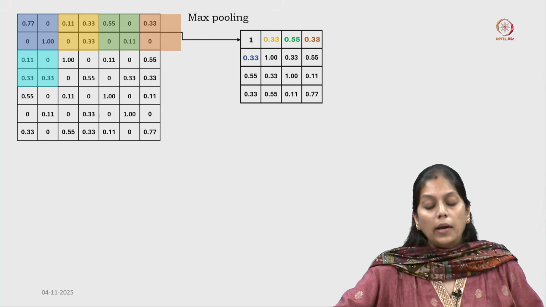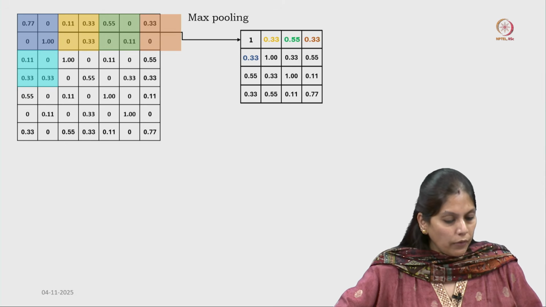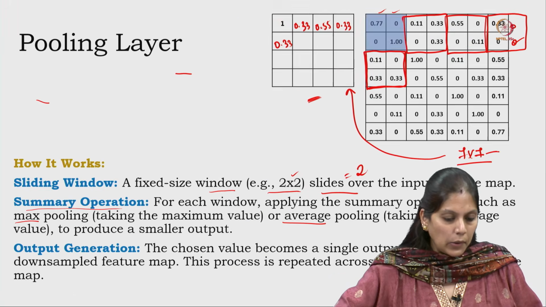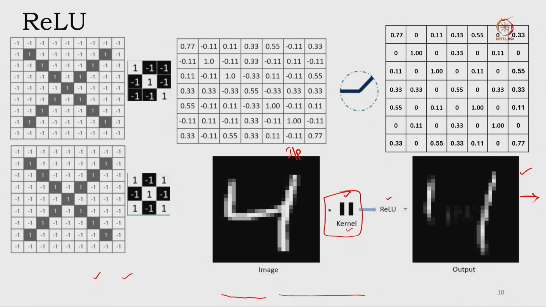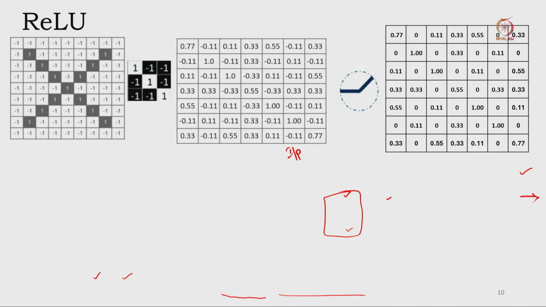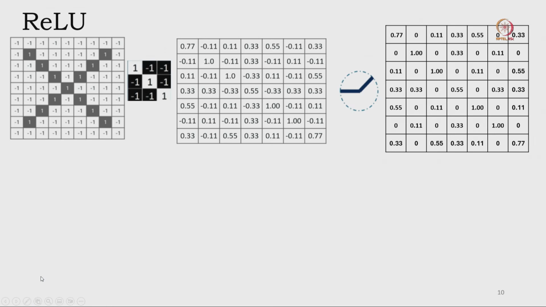Now what exactly is this pooling doing? If you go back, what is the original input that we have considered? Let us go back, and this is the input that we have considered, right? What is this input?